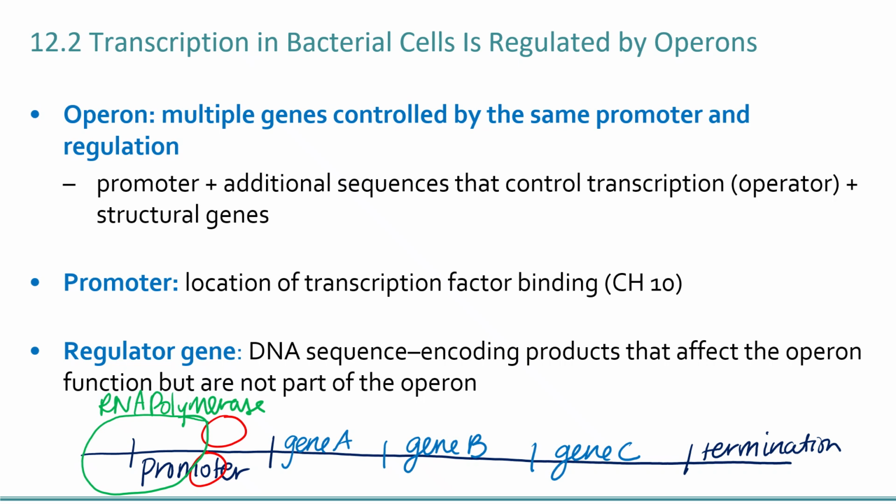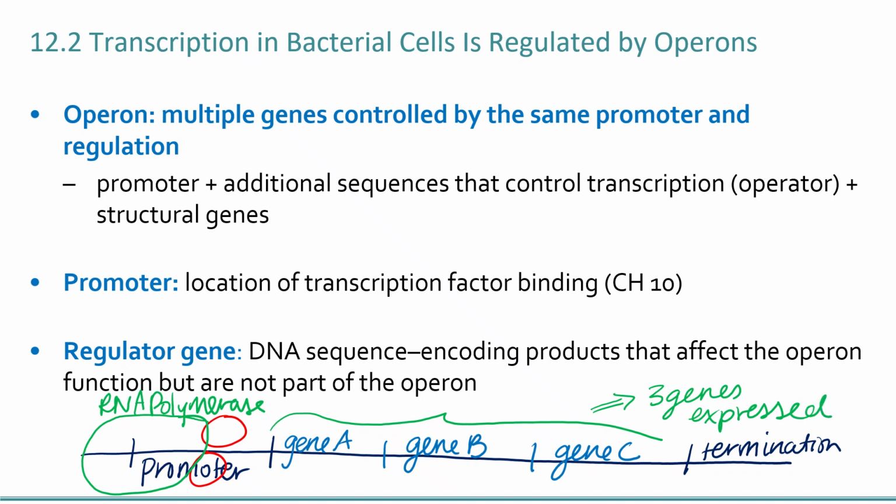The same thing happens in an operon, except that we have multiple structural genes or multiple coding genes, all controlled by the same promoter. And so what we can get is 3 genes expressed at once. We have an additional feature called an operator.